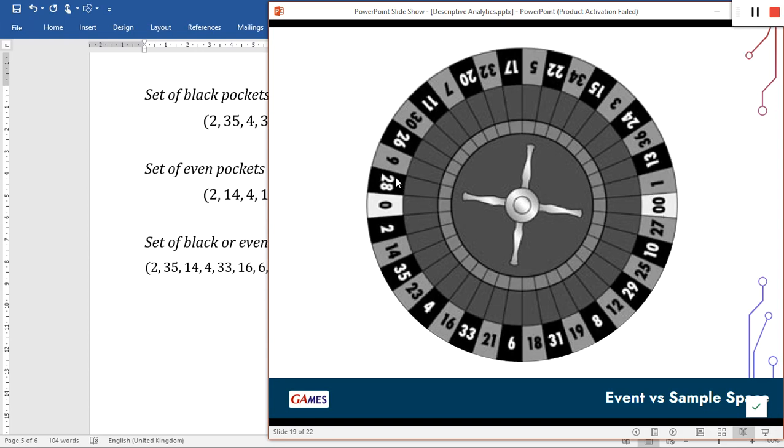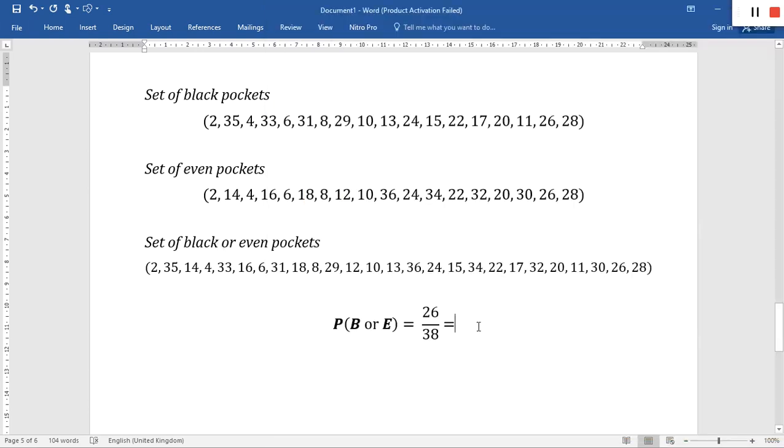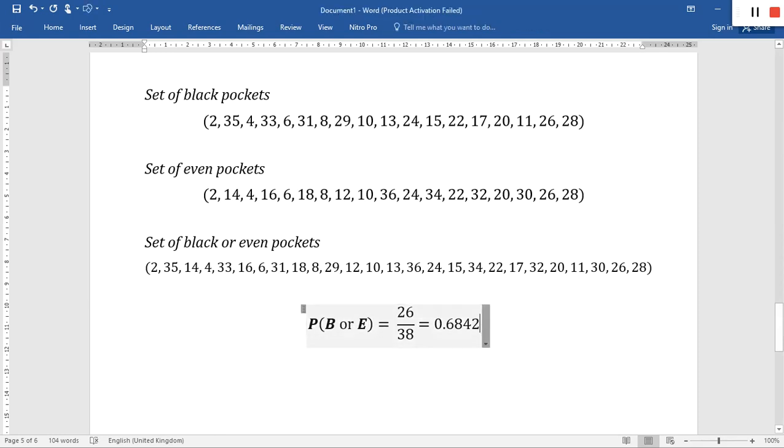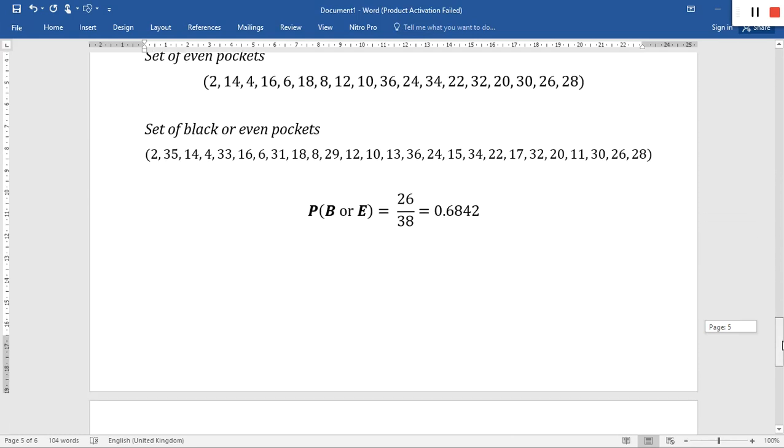Except that the numbers now, because it starts from 1, terminate at 36. And then this 0 is the 37th pocket, the 00 is the 38th pocket. So we have a sample space of 38 possible outcomes totally. So this should give you 26 divided by 38, 0.6842. So that's the probability of getting a black or even.